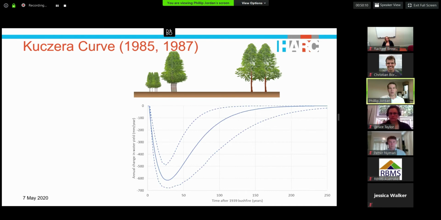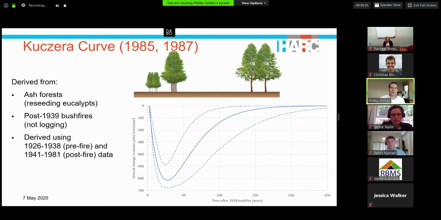That peaks at somewhere between 20 and 30 years, but then the self-thinning effect kicks in, and the water yield gradually increases. After about 150 years, we get back to a situation where the water yield from that forested catchment is back to its mature long-term state.